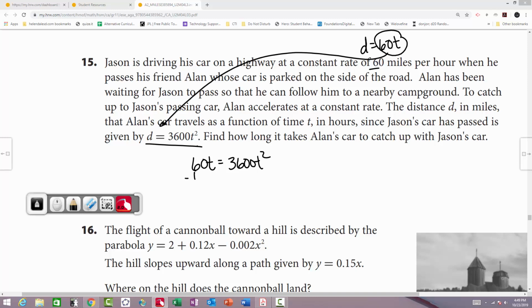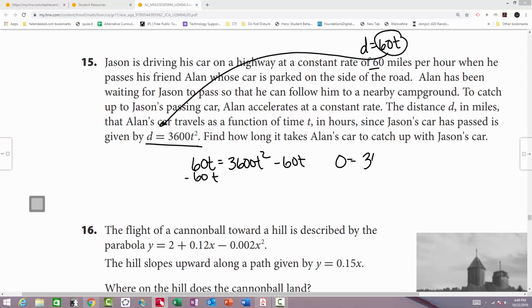Get it equal to 0. And I get 0 equals 3,600 t squared minus 60t. Same concept from number 9. I'm going to factor a t out of that, and I get t times 3,600 t minus 60.